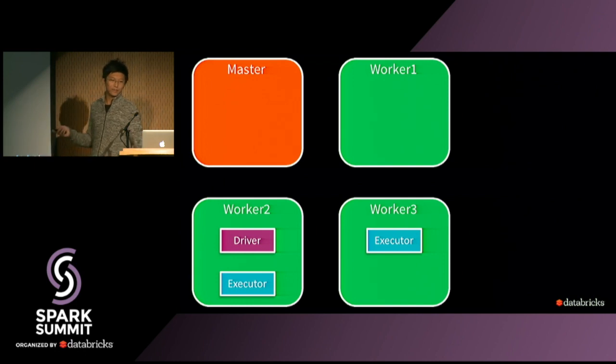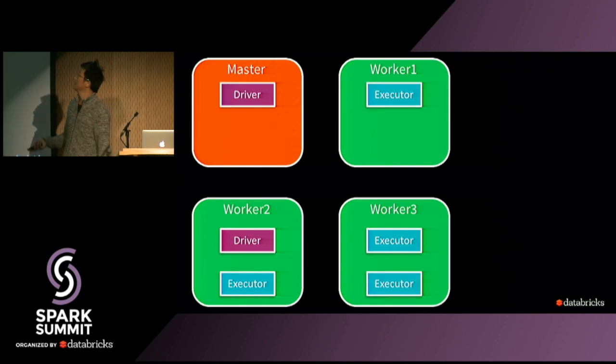Simultaneously, other users can also submit their Spark applications and launch another Java process and executors. The resource manager, I mean the master and the workers, is responsible for allocating resources, including CPU and memory, for these applications.